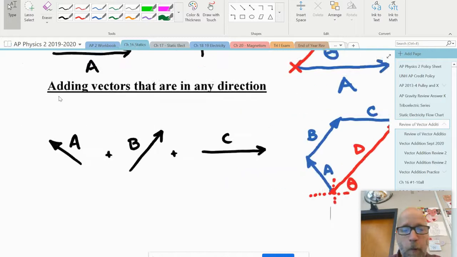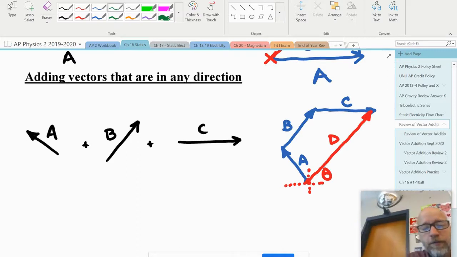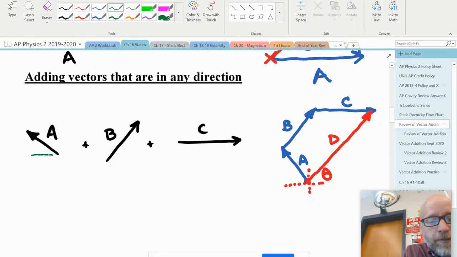Enough. So, how the heck do I do this? Well, you know what you end up having to do is you have to break these guys up into components. So, my first step when I look at this would be to take the A vector and break it up into A in the X direction and A in the Y direction. I can do the same with B. Go ahead, do it.